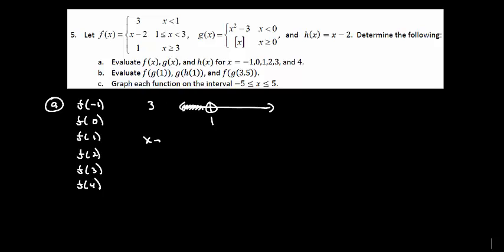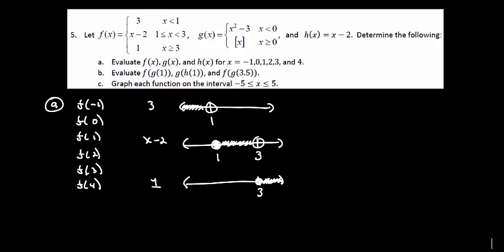Then there's another interval where we use the function x minus 2, and that's for every x value between and including 1, but not including 3, so everything in here. And then we take a height value of 1 whenever we are 3 or more.